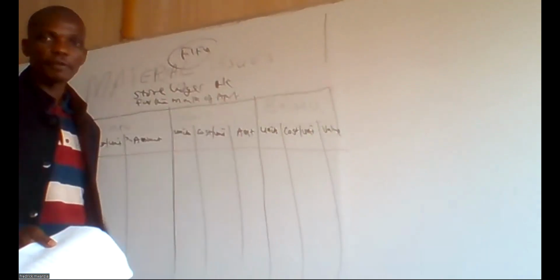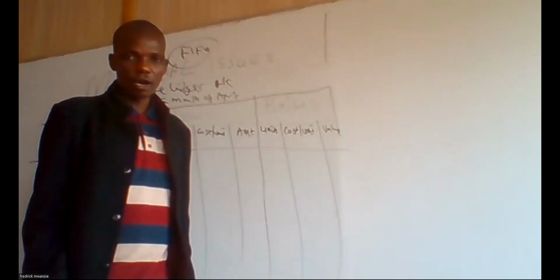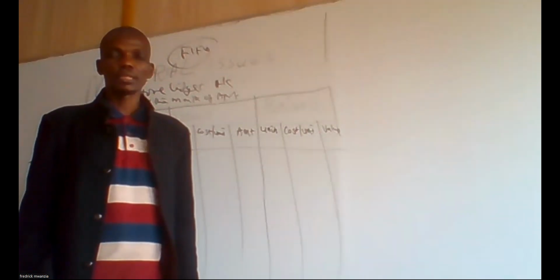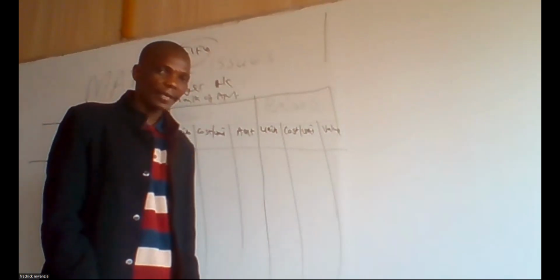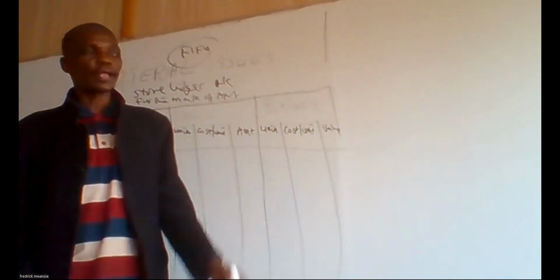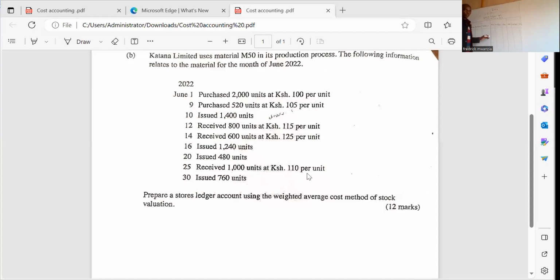FIFO simply means first in, first out. What the storekeeper brought in first, those are the items he is to issue first. And once they are exhausted, we go to the next consignment and so on. So the guiding criteria, of course, you have to be able to see the question on the board so that we can discuss it together.